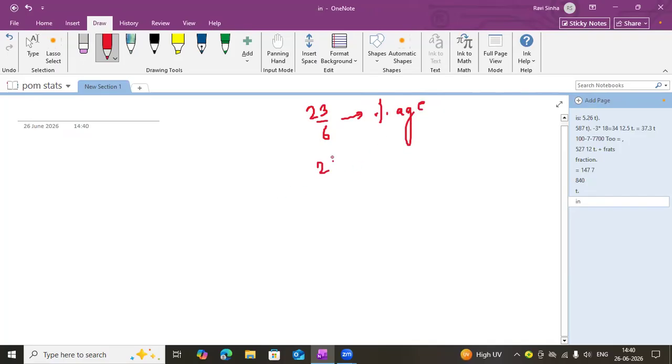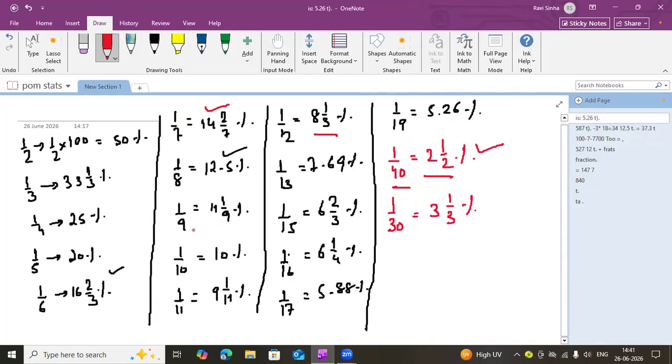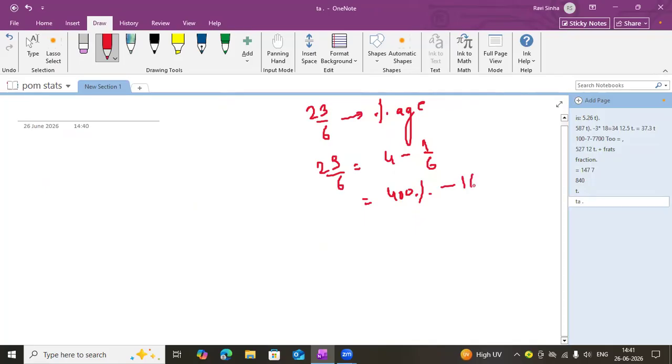So 23 by 6 can be written as 4 minus 1 by 6. 4 is 400% and 1 by 6 is 16 2 by 3%. So 400% minus 16 2 by 3% is 383 1 by 3%. So I have solved one problem for you. I'll give you two more questions. You try this for 2-3 minutes and then we'll proceed with the solution.